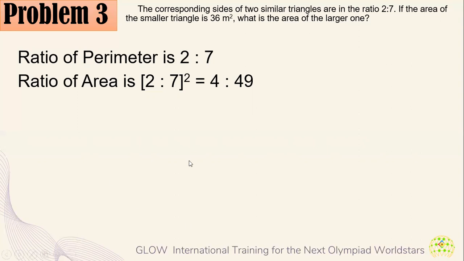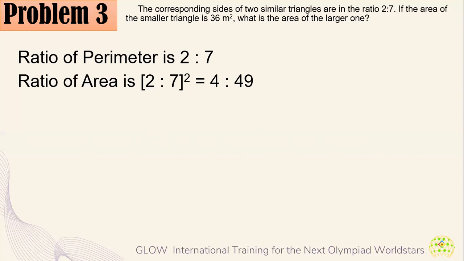So you could see that if the ratio of the two corresponding sides is 2:7, then the ratio of their areas is, you just square this, 2 squared, that's 4, 7 squared, that's 49. And thus, the ratio of their areas is 4:49.